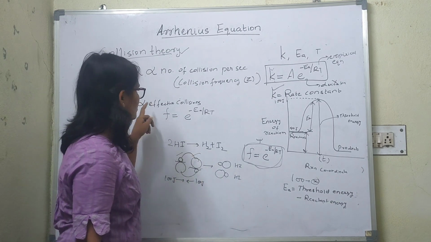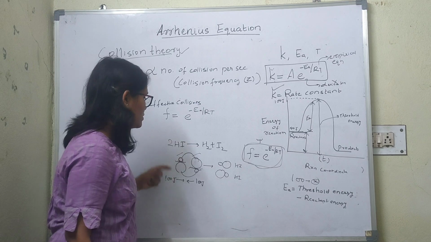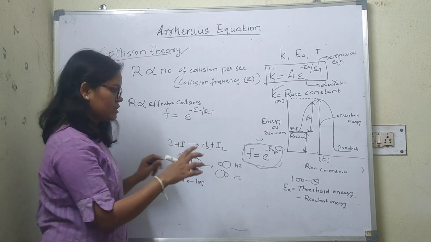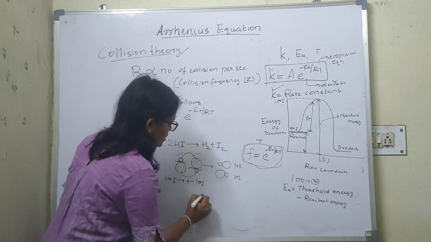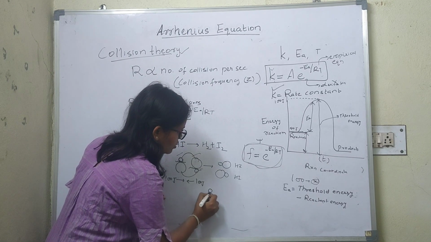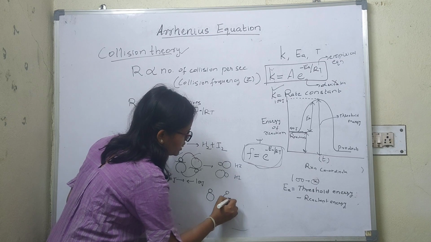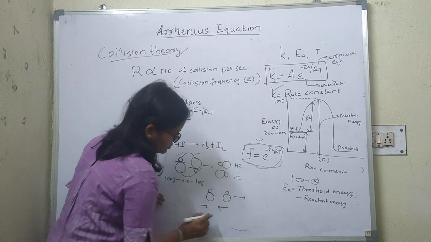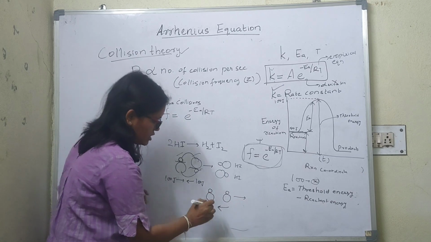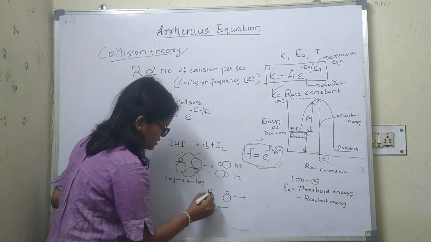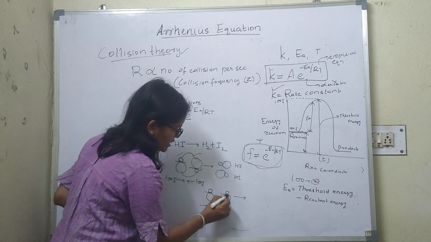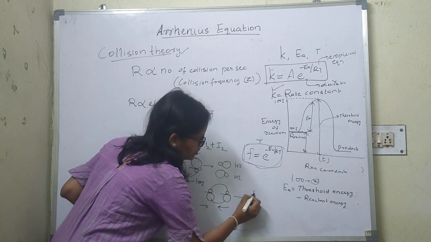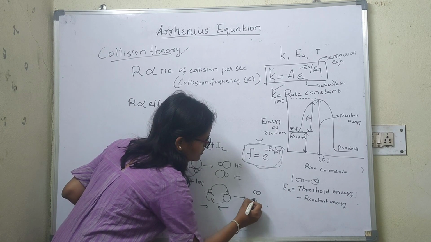So rate of reaction not only depends on effective collisions but also depends upon the orientation of the molecules during collision. Suppose these molecules collide and orient in this way. Now these old bonds will break and new bonds form between these atoms.